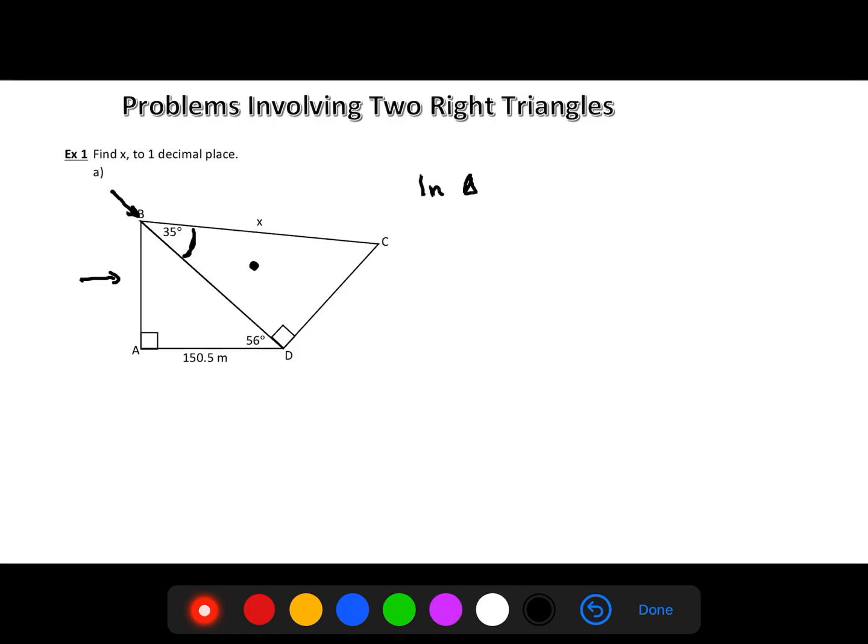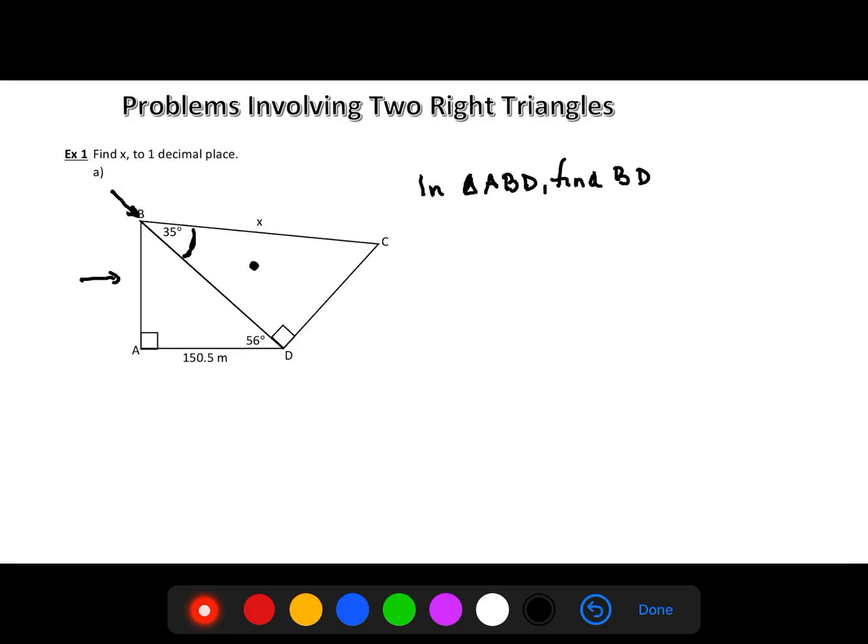And in order to do that, because we have a couple of different triangles, we want to be specific about which triangle we're working with. So in triangle ABD, we want to find side BD.